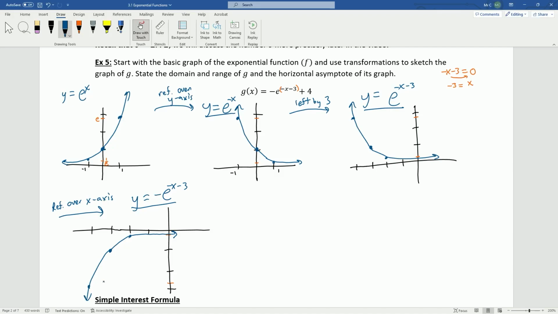And at that stage, all I've got left to do is one more transformation, and that's this plus 4 here. And of course, that's just a shift up by 4.